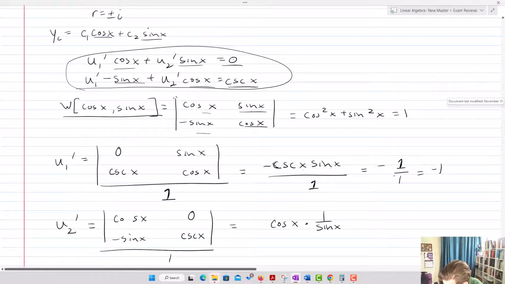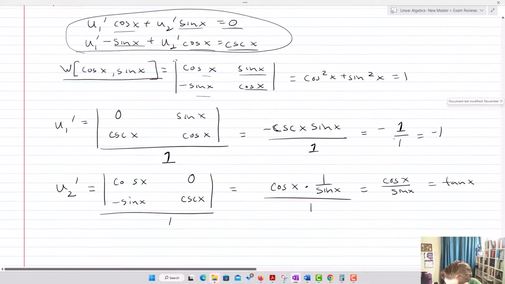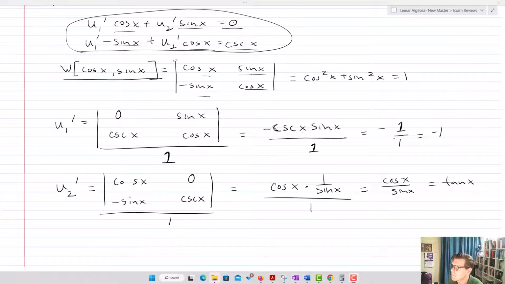That's my cosecant x divided by 1, so that's cosine x over sine x, and that equals tan x. Excuse me, that's actually cotangent x, not tangent x, but cotangent x.